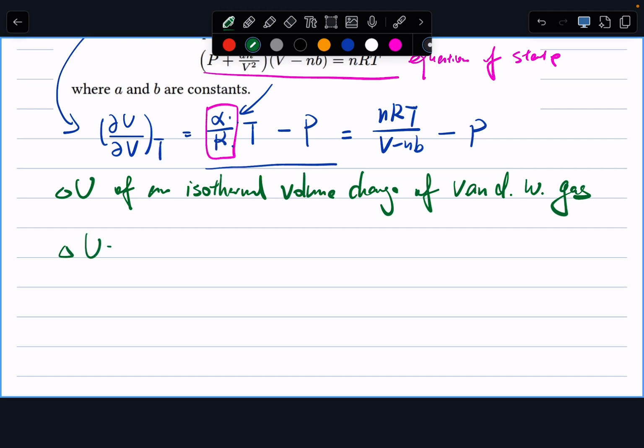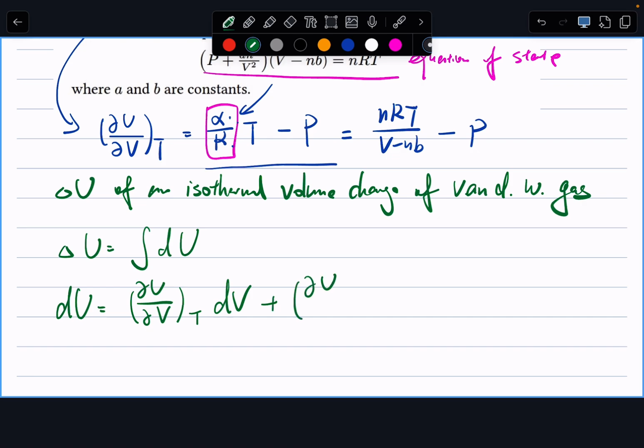So my delta U is the integration of dU. And my dU, you can write as the partial differential of U over V at constant T dV plus dU over dT at constant V dT. Reading the question, we're talking about the isothermal volume change.